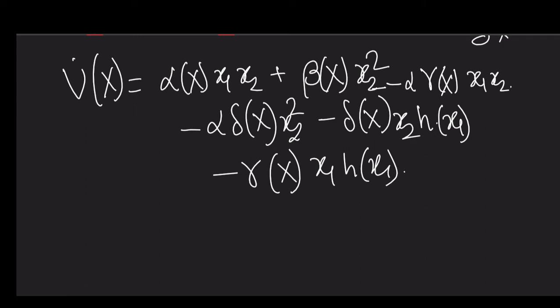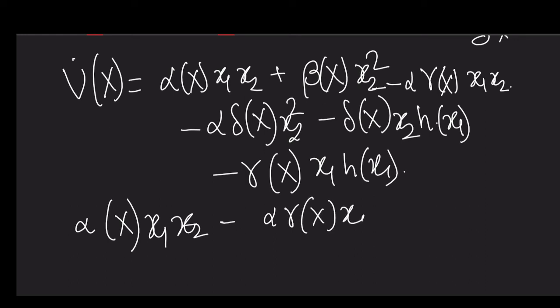So the terms that we can pick up here are alpha x, x1, x2, minus alpha gamma x, x1, x2, minus 2 delta h x1.